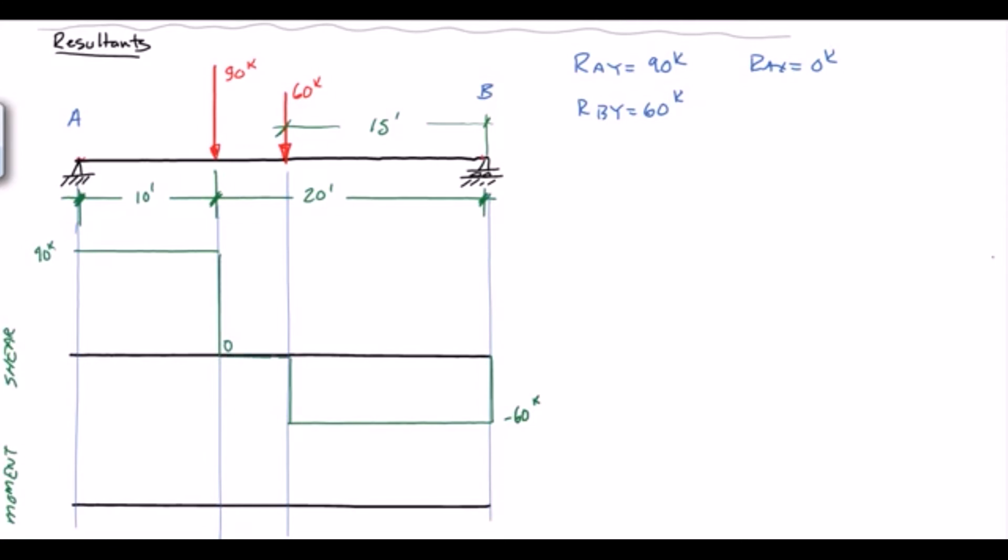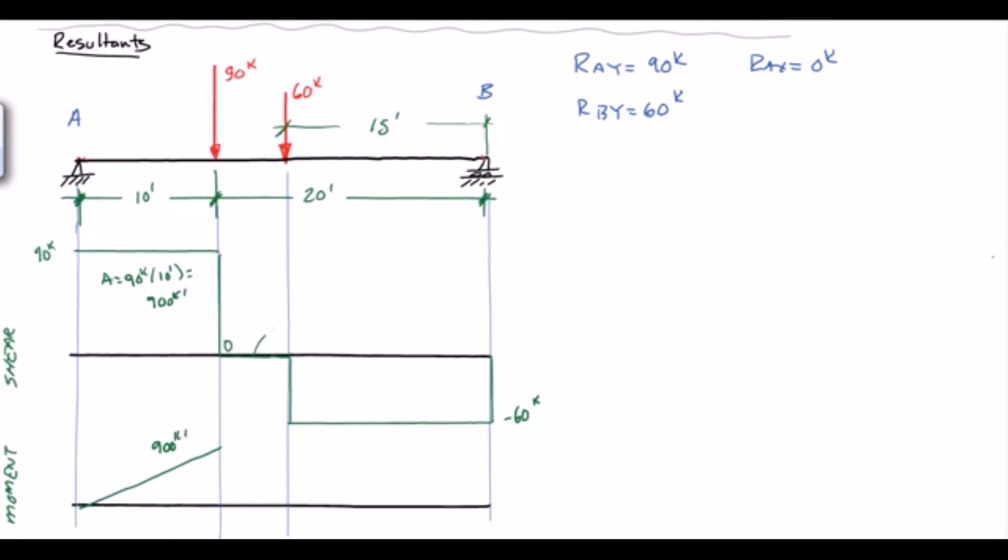And our change in moment between point A and the first load is equal to this area. So A is equal to 90 kips times 10 feet, and that's equal to 900 kip feet. So from here to here, we're going to go up 900, if I can draw it correctly here. We go up to 900 kip feet.